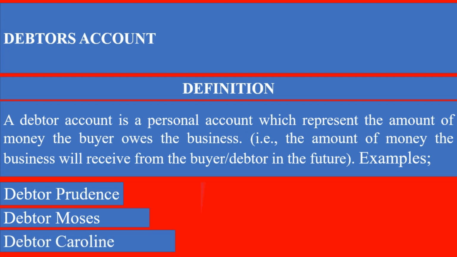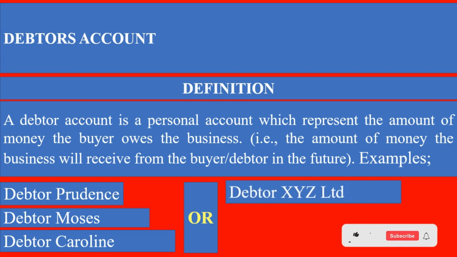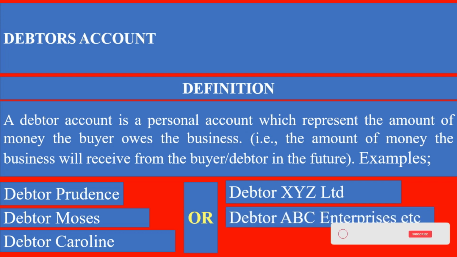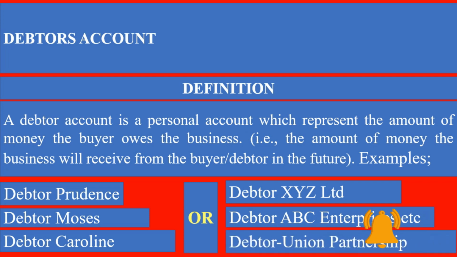Again, it can be a case of an artificial person, whereby you can have a debtor like, for example, debtor XYZ Limited, which is actually a company, or a wholesale or sole proprietor, such as debtor ABC Enterprises, etc. Even again, it can be a debtor who is a partnership.